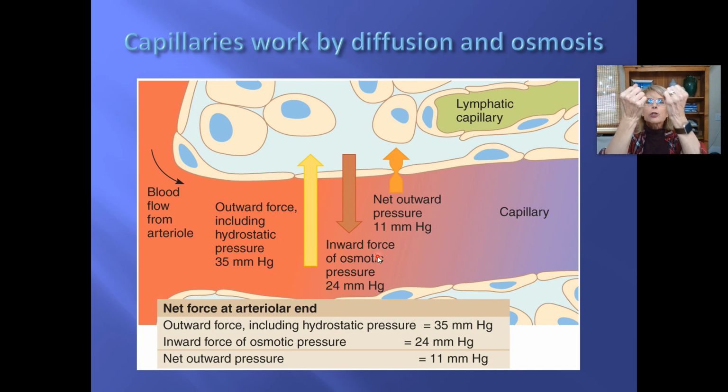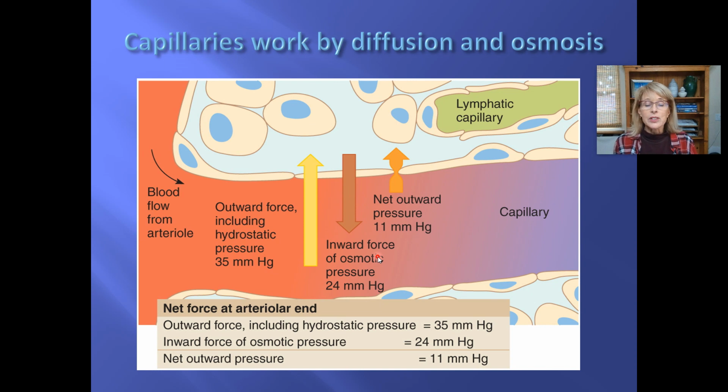Remember, water gets drawn towards wherever there's lots of solute. Water gets pushed away by hydrostatic pressure. So they're fighting each other, right? Hydrostatic pressure is going, I want the water to leave. And osmotic pressure is saying, no, don't you leave, okay? So they're fighting against each other.